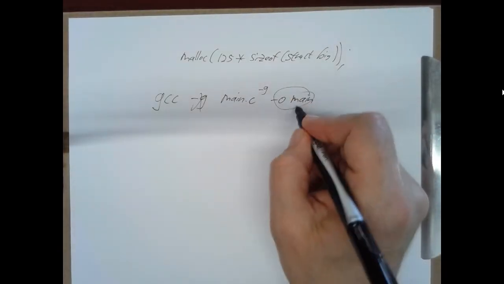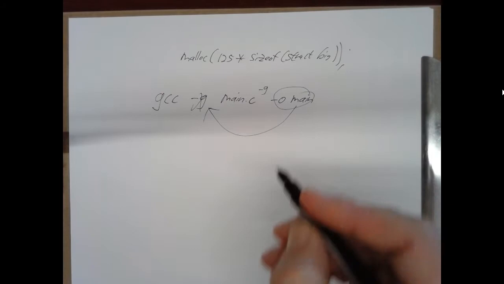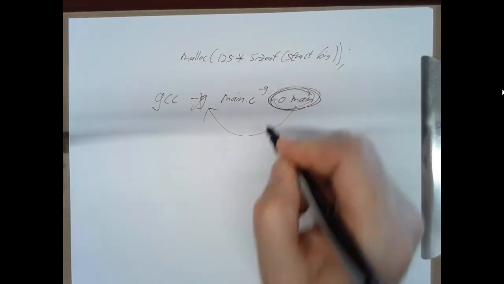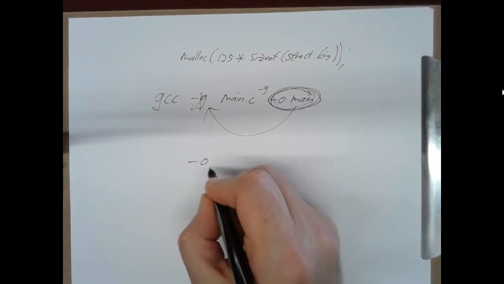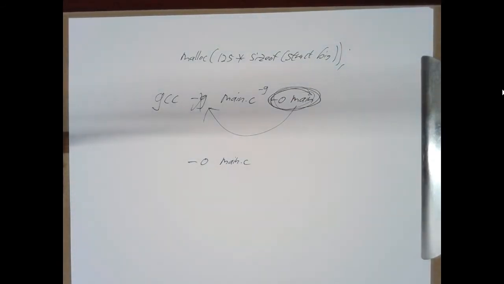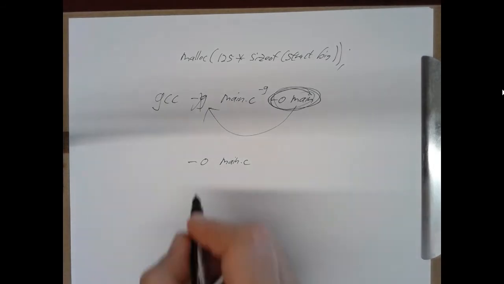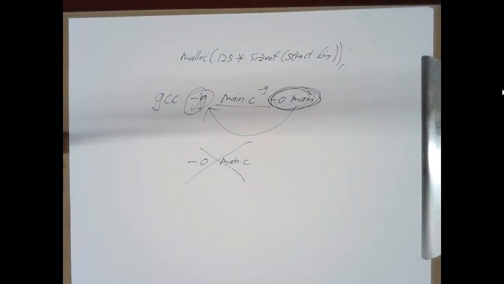You could also put your -o main back here, and there's other ways that you can do this. In general, these things are independent, but -o and main kind of have to go together, right? So a few people did -o main.c. Don't do that, right? That wipes out your source code. But all you really needed here was just a -g and to mention main.c in the compile line.